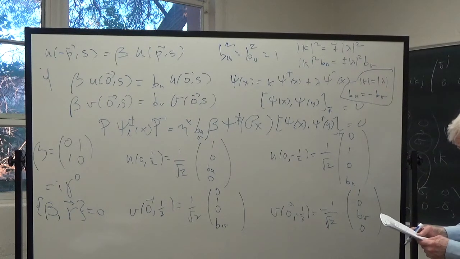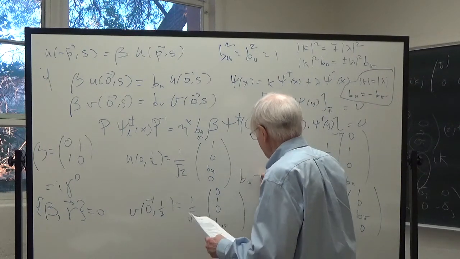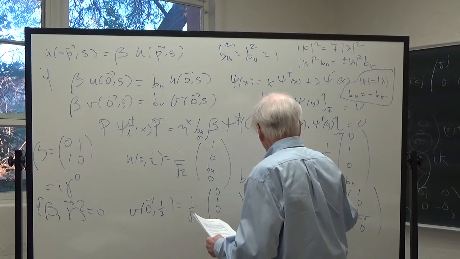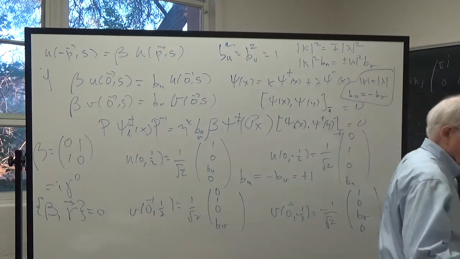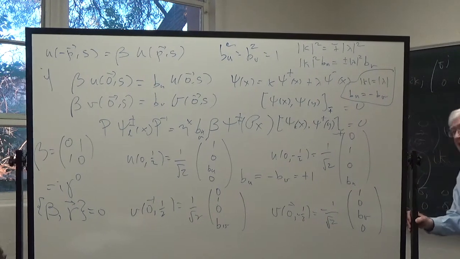At this point, one might as well just set BU equal to minus BV equal to plus 1. There's always an arbitrary phase that one can choose, but there are only so many arbitrary phases, not an arbitrary number of them.